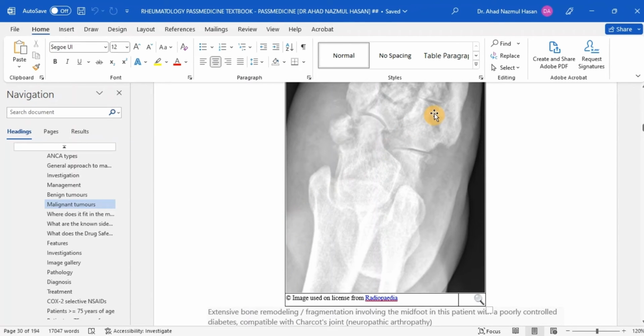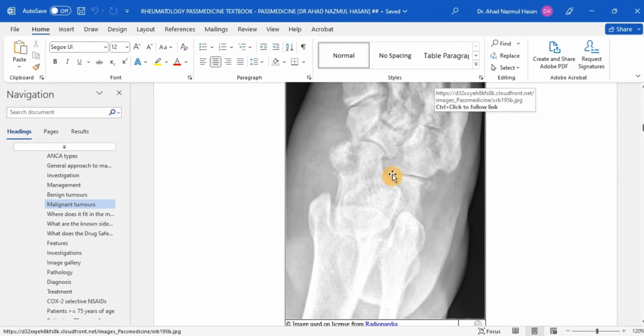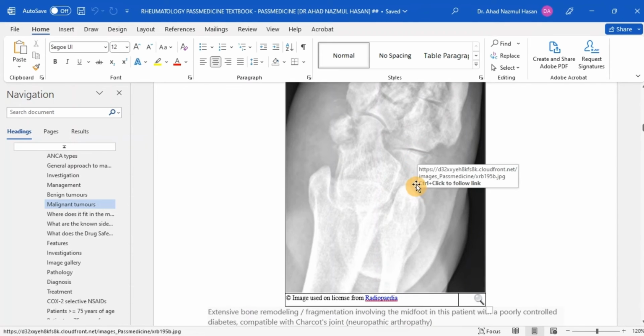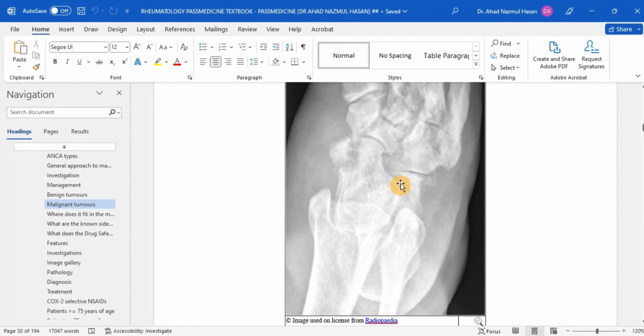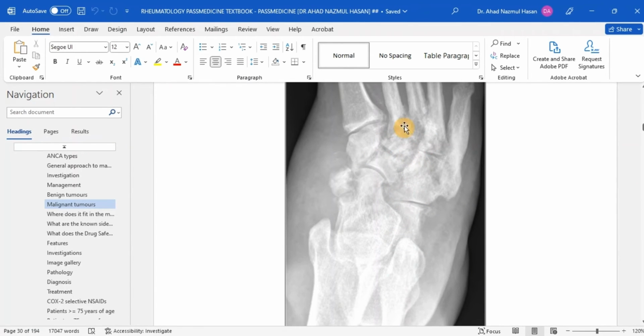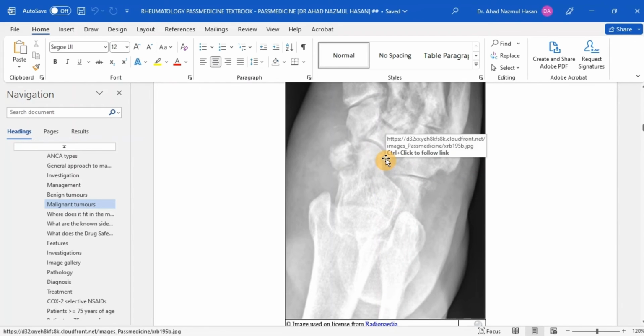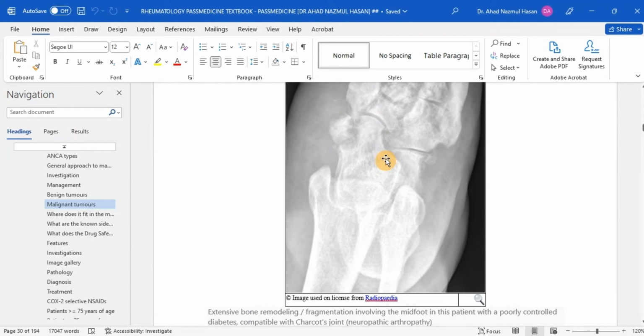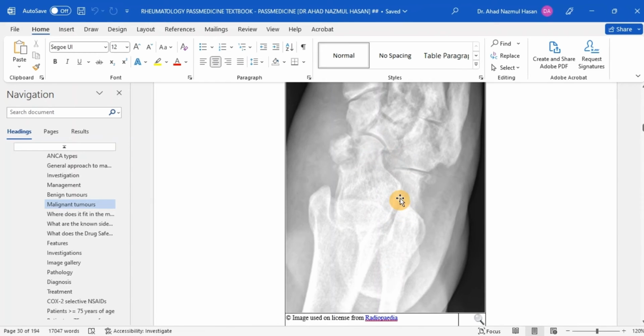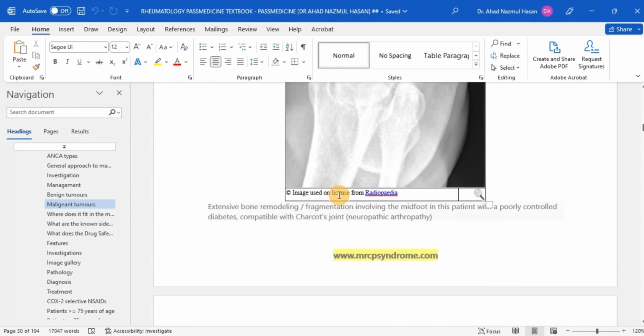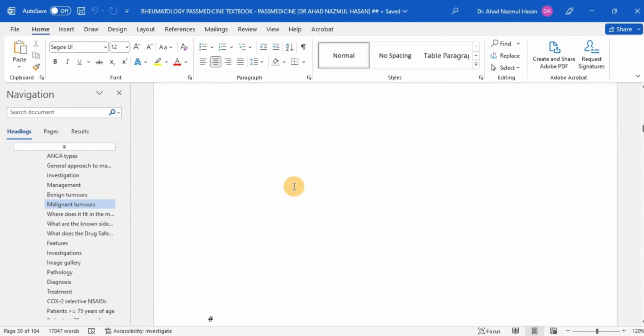So look at here, there has been extensive bone remodeling or extensive bony disorganization. And there is also widespread evidence of sclerosis. These are the typical features. The bone remodeling, or there should be derangement in the fragmentation, which is highly suggestive of the Charcot's neuropathic arthropathy.